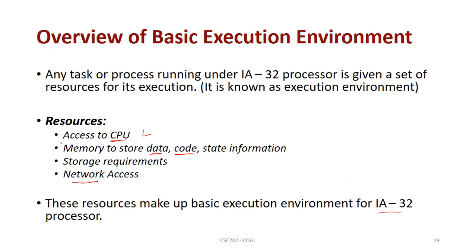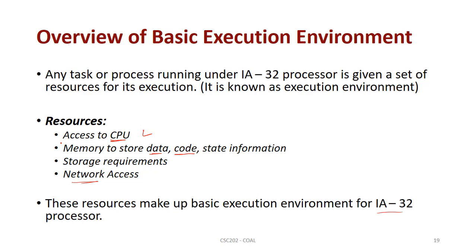So in the previous slide, we talked about the execution environment that a process needs when it is running. Like access to CPU, access to memory for loading and storing data temporarily, and permanent storage, which is required for hard drives or USB or flash drives.